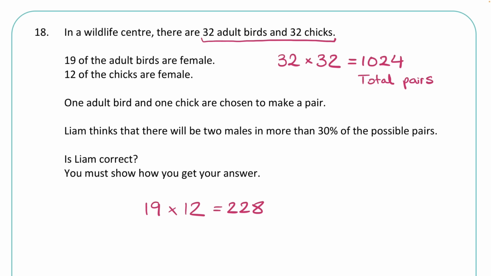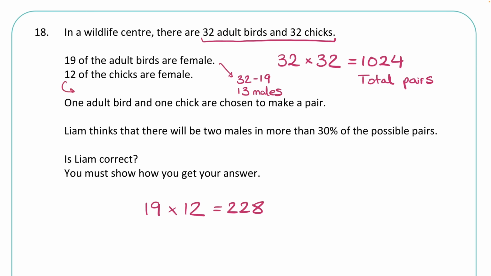However, that isn't really necessarily going to help us here because we want to know the combination that will have two males. And there's obviously different combinations. We could have a female adult with a male chick, and we would have to work them all out. So what might be easier for us here is to first work out how many males there are. For the adults, we do 32 minus 19, which gives us 13 males.